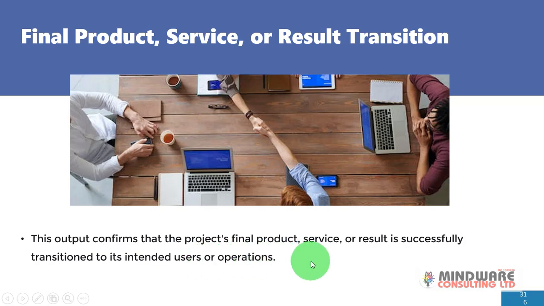Okay, so whatever it is the final product, be it a machine, be it a service rendered, be it a process change in an organization, whatever it is, you have to successfully deliver it to the intended users. All right, so that's what this particular output is all about.